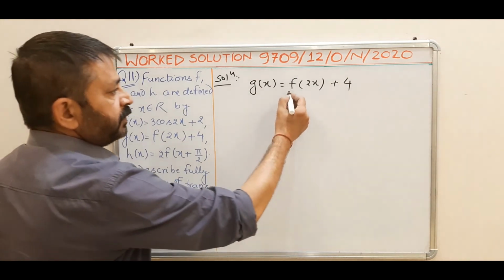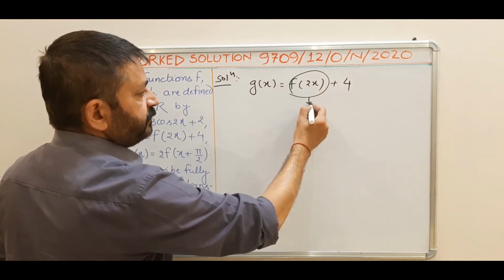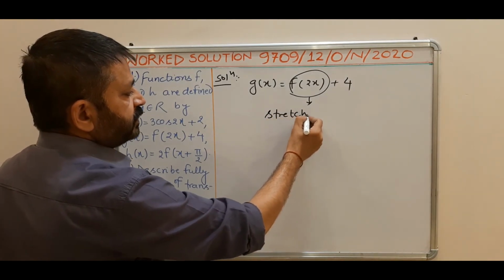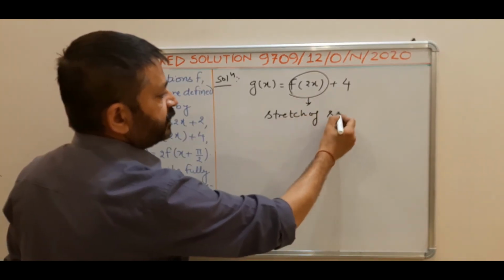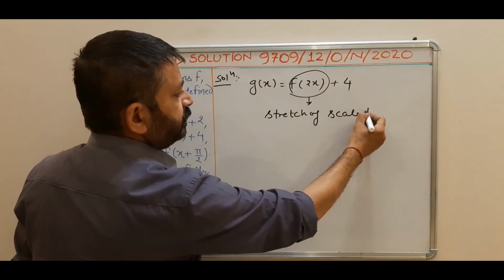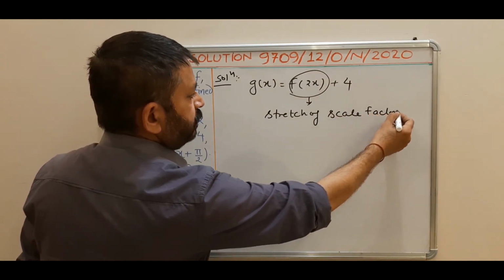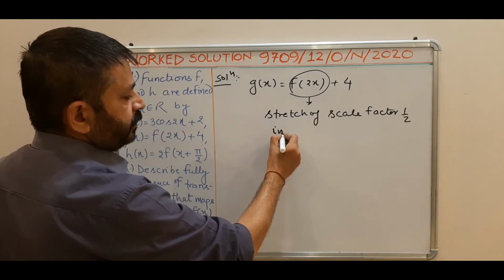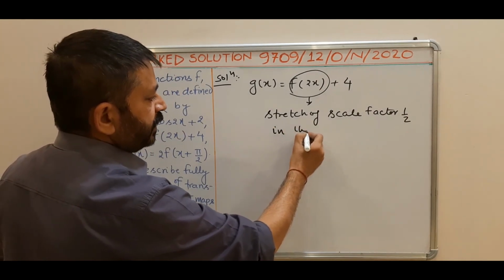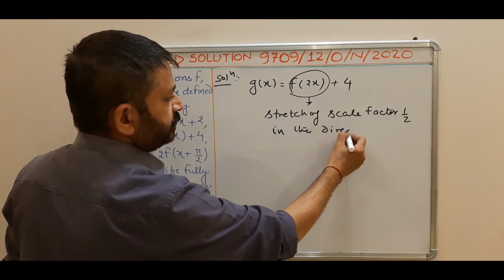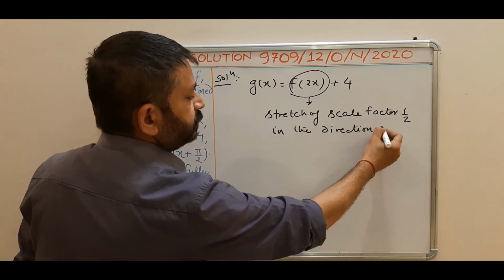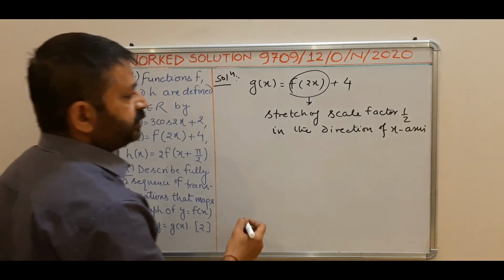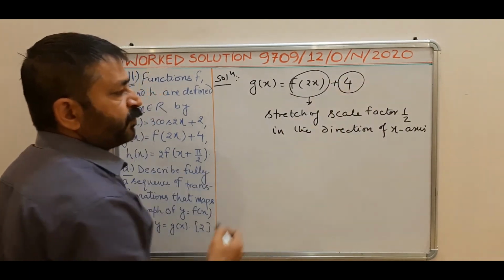So it gives us that it is a stretch of scale factor half in the direction x-axis, and plus 4 is added.